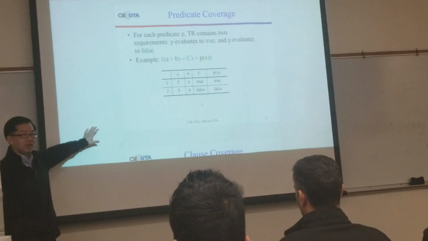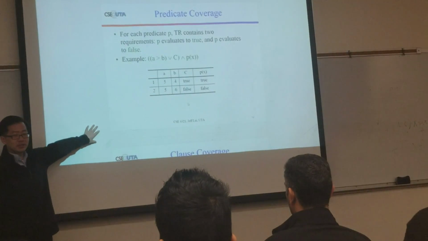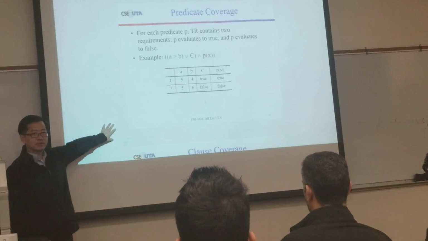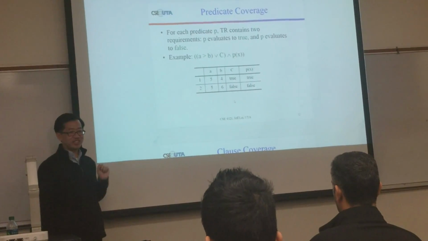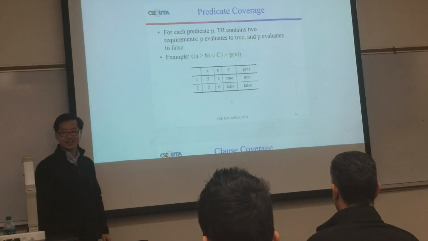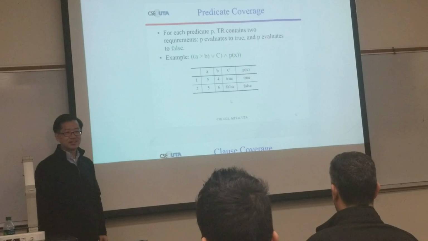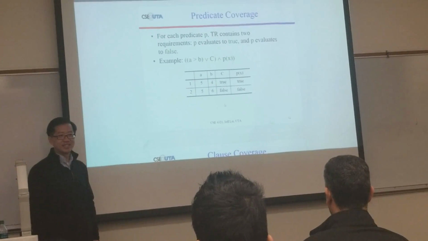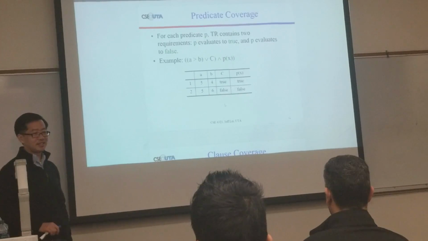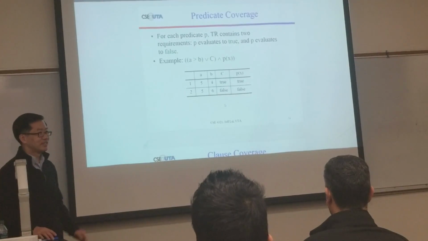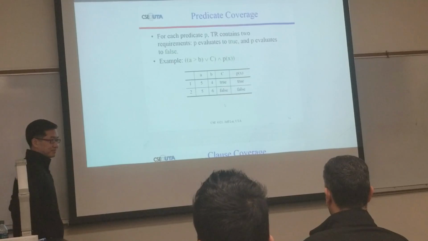I just want to come back to this point, but I am curious why these two test cases cannot detect that bug. What is the reason? You don't test each clause of these.